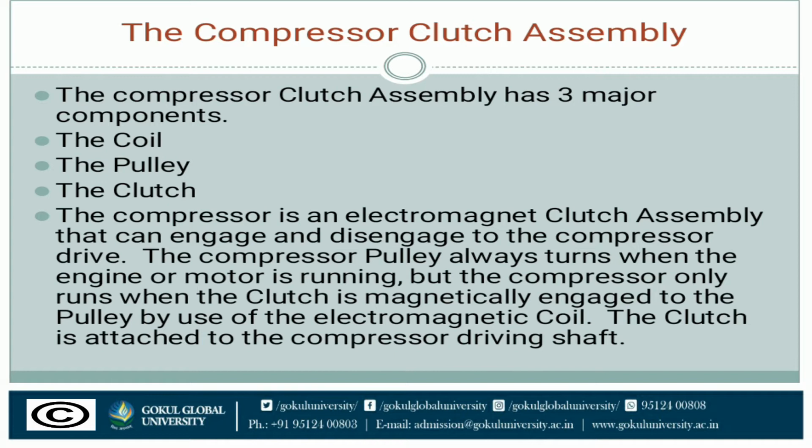The compressor pulley always turns when the engine or motor is running, but at that time the AC system is not working. The compressor only runs when the clutch is magnetically engaged to the pulley by use of the electromagnetic coil. As I said, the clutch is attached to the compressor driving shaft.